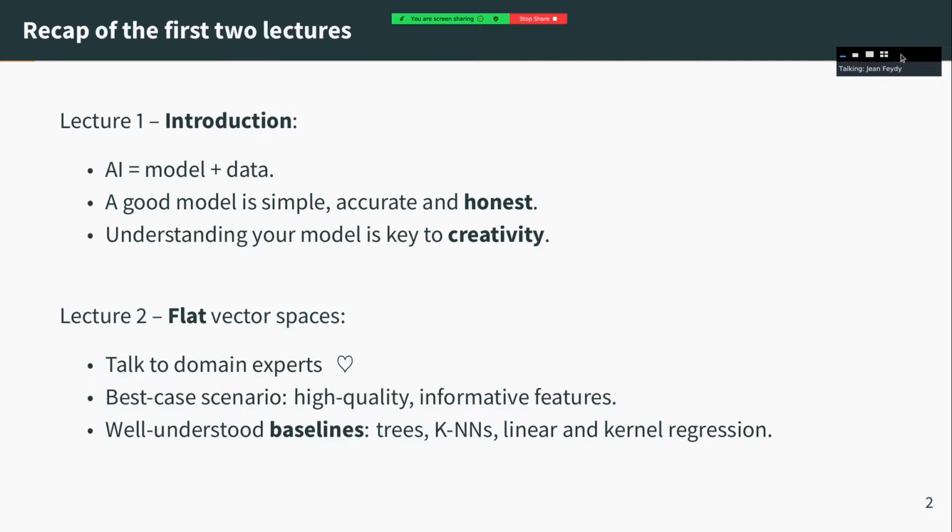But most importantly, you should always remember that you want your model to be as honest as possible about hidden biases, about the prior that you are implicitly putting into your decision rule using your equations. And maybe the most important thing to have in mind is that having a simple model allows you to understand it at a deeper level and thus to be creative.